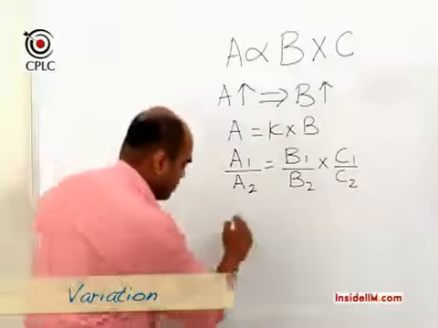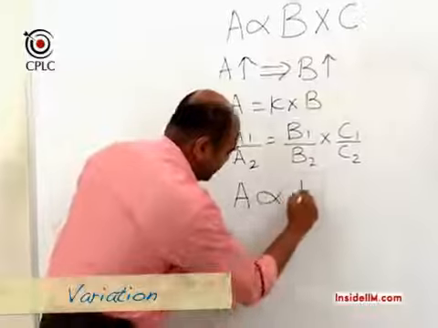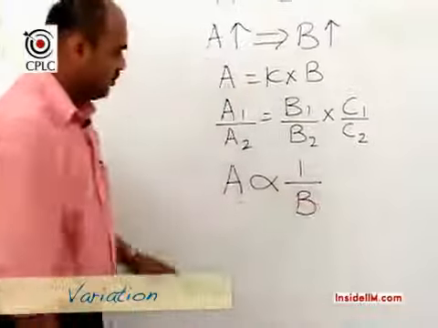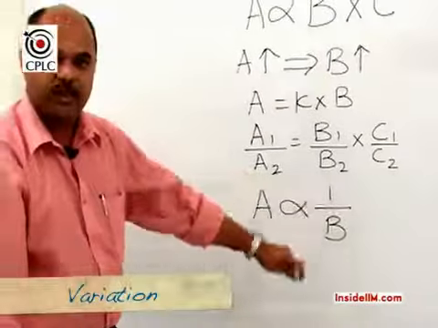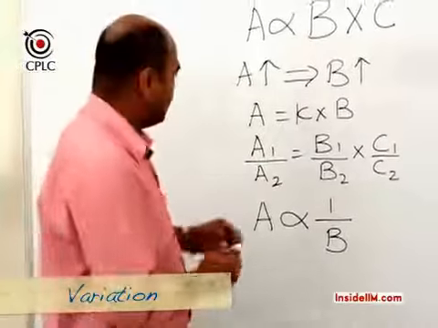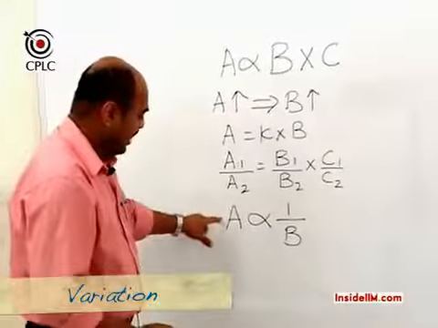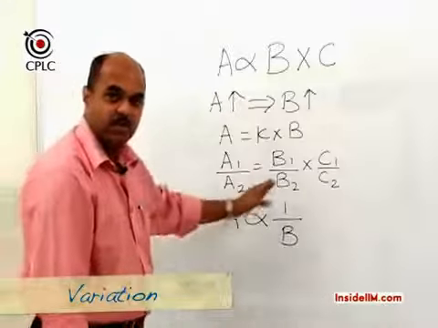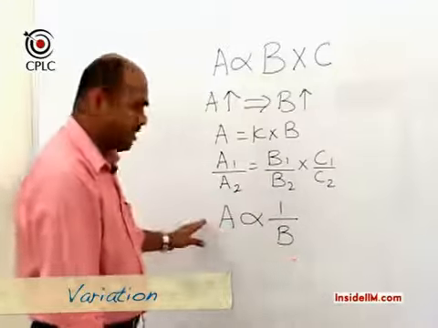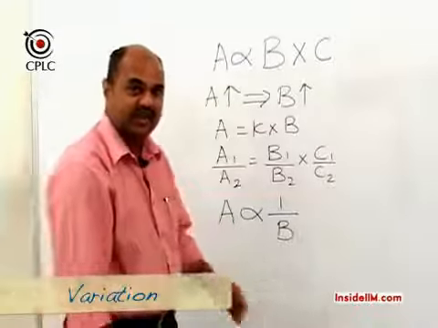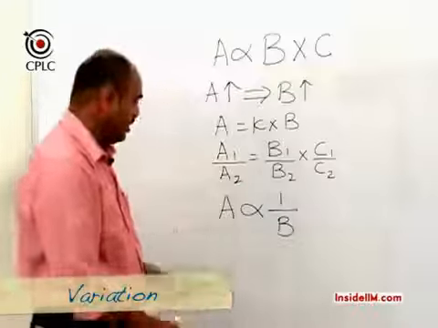Inverse variation would be stated as, if A varies inversely as B, it means A is proportional to 1 upon B. Now if I use this logic, when A increases, B will decrease, and when A decreases, B will increase. Hence inverse variation.